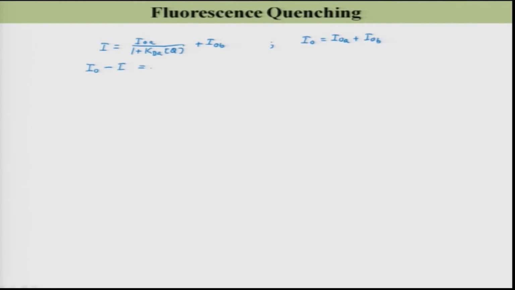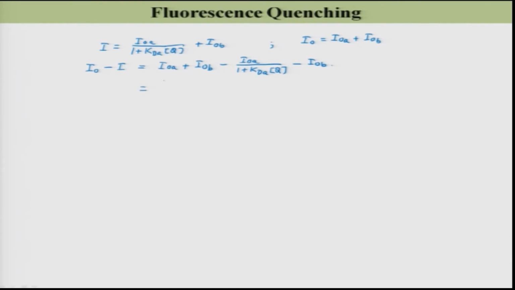So, I0 minus I I can write as I0A plus I0B minus I0A divided by 1 plus KdA into Q, minus I0B. I do not have any KdB because the fluorophore present in that buried site B is not accessible to the quencher.